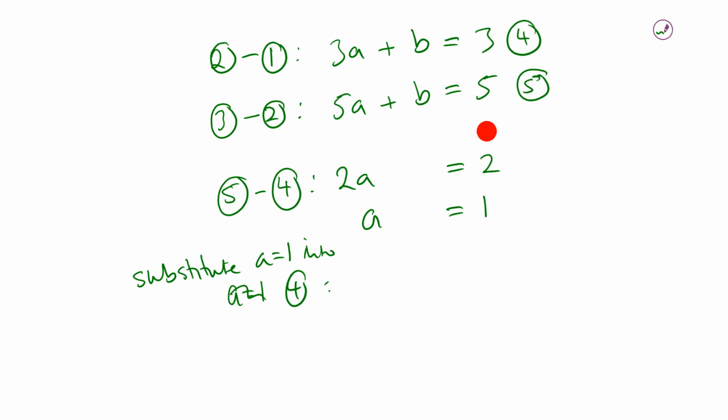So that would be 3 plus b equals 3. Then you minus 3, which is b equals 0. Nice, that's good.